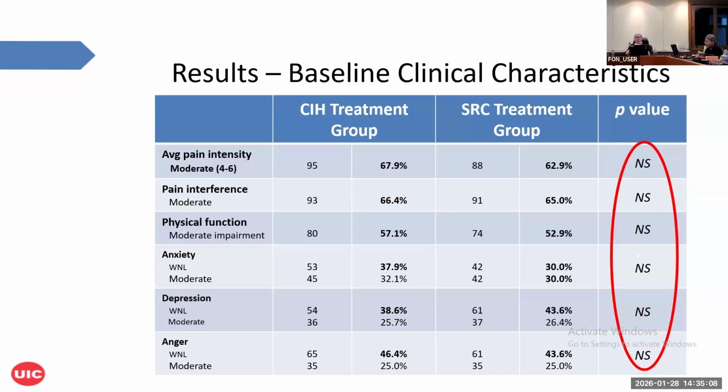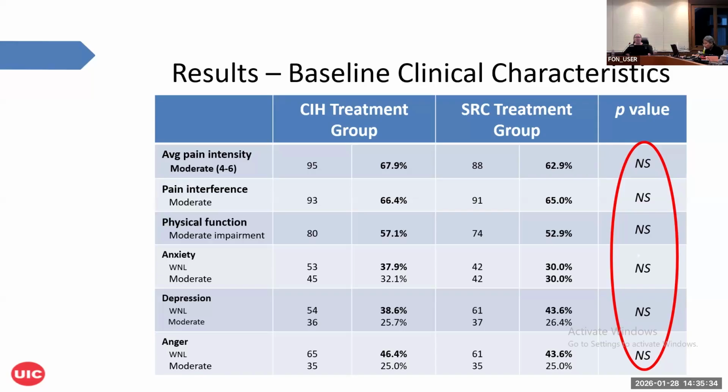Anxiety: it was about equally distributed, the 37 and 32%, really that isn't too much difference. WNL is within normal limits, but that was too much to type out, so that's why I have it abbreviated there, within normal limits, and then moderate.